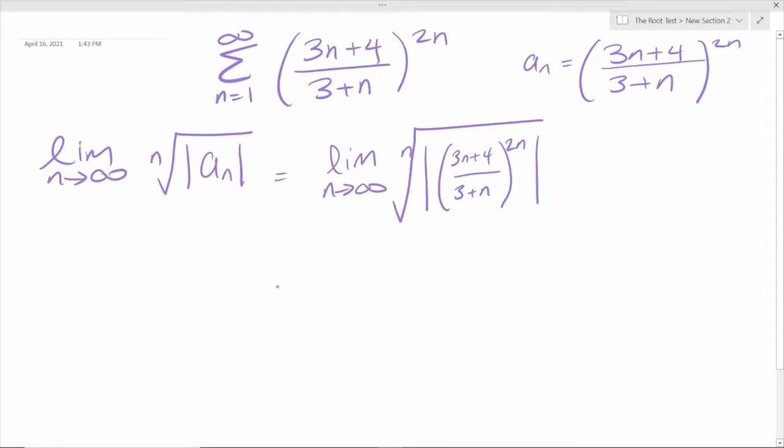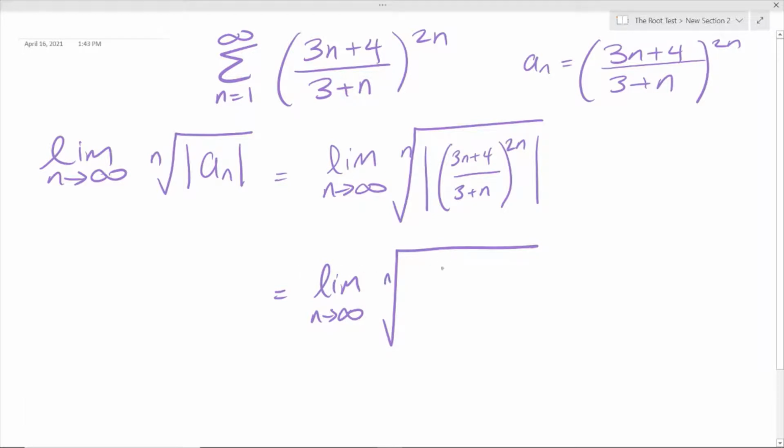And then what we do next is we can see that we have an n in here, right? So we can rewrite this according to exponent laws.